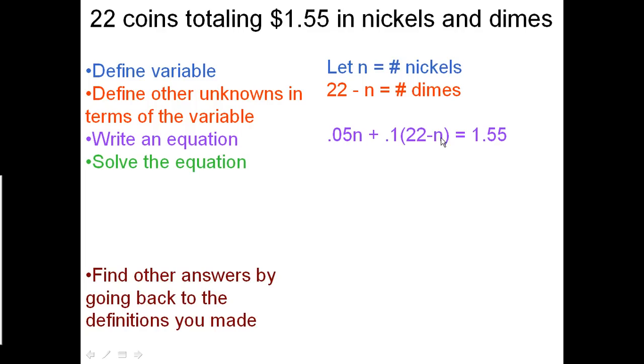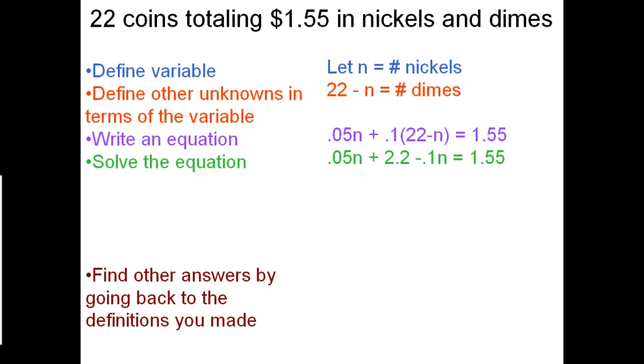So again, we have 0.05n plus, that was just copying, plus distributive property, 0.1 times 22 is 2.2, and 0.1 times negative n gives us minus 0.1n, is equal to 1.55. Combine like terms. We have 0.05n minus 0.1n, and that's equal to negative 0.05n.